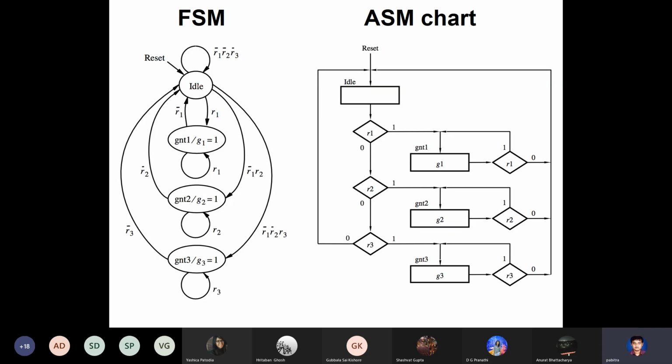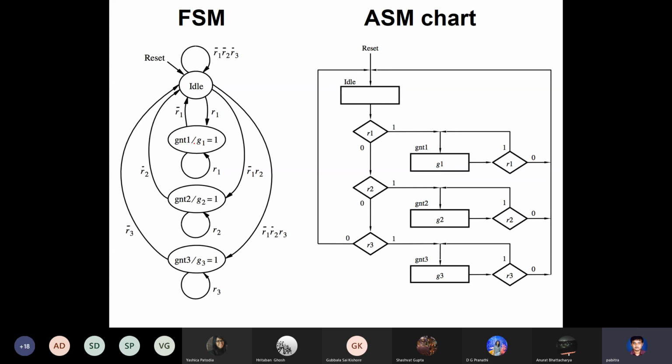So this means that if you are in idle and if your R1 is 1, you go to GNT1. From GNT1, if R1 is 0, you go back to idle. Here you go into GNT1 and give an output of G1. Here you give an output of G2, here you give an output of G3.